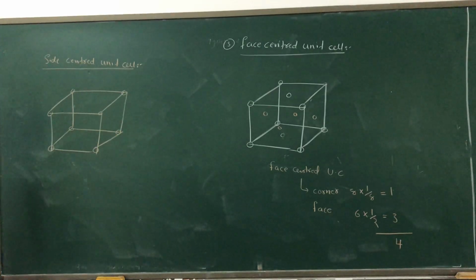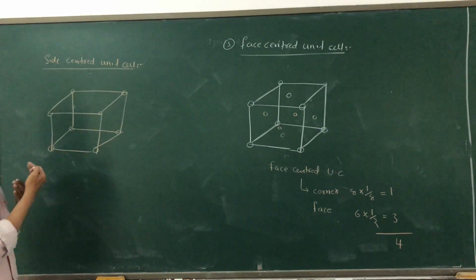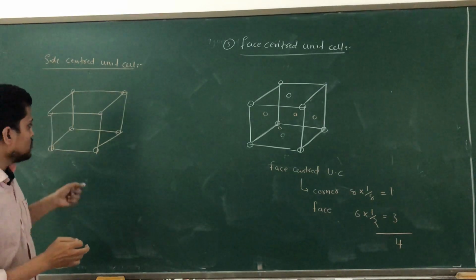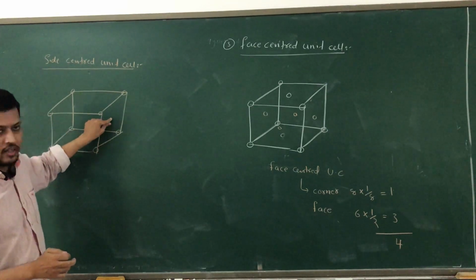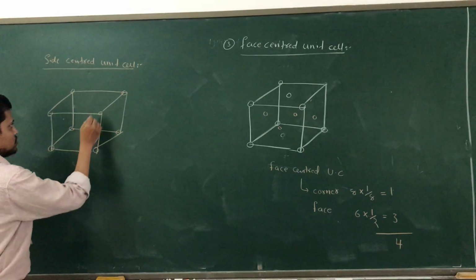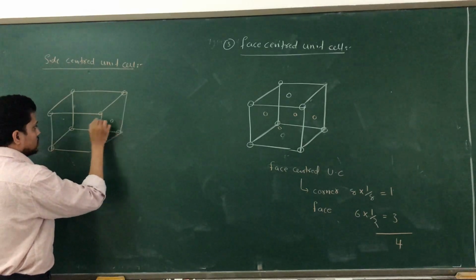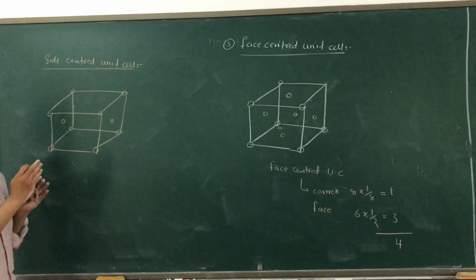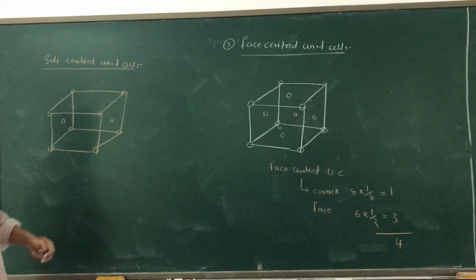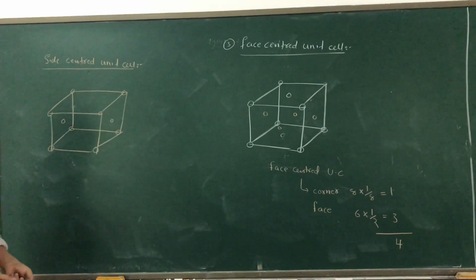And now we need to take any 2 sides, whether up and down, or front and back. We consider any 2 opposite sides of the unit cell where we have the atoms. So first 8 atoms on the corners, and 2 atoms on any 2 opposite sides. So these atoms are present at the side center, right?